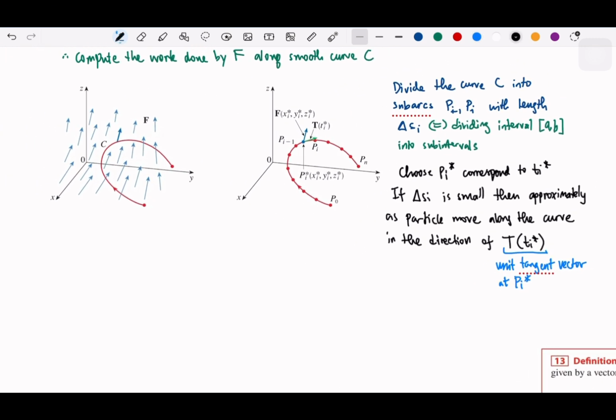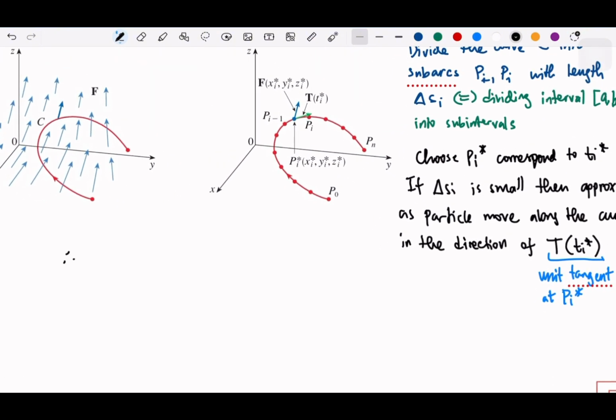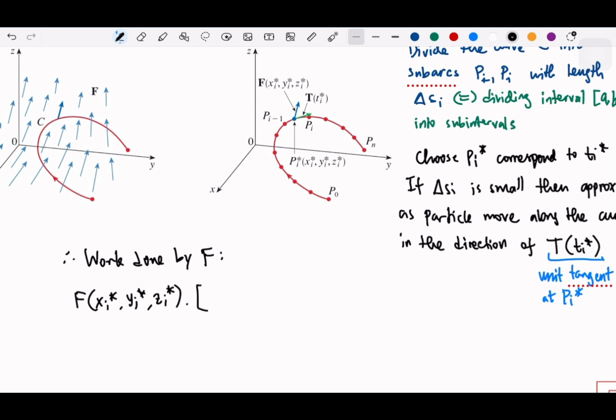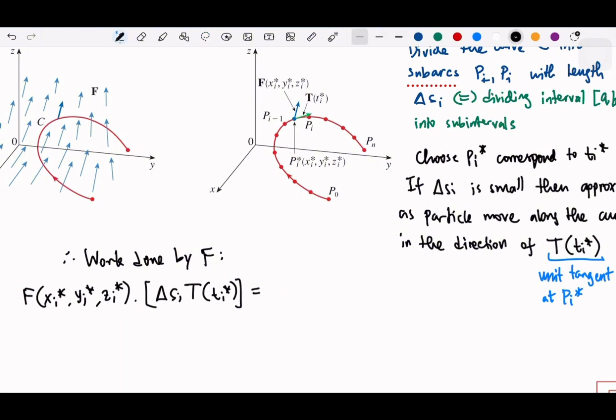So mathematically we can write the work done by F, then F at this sample point x, y, z dot delta S. This is supposed to be the D, and we define this as delta S T. We can just rewrite this, the same thing, but here we have T because this is a vector.